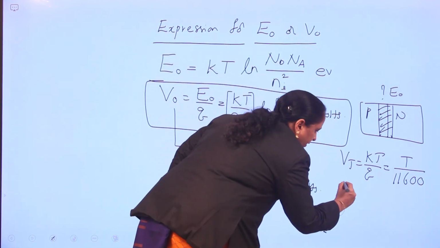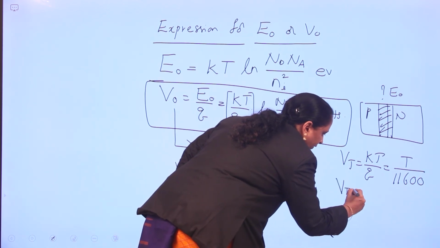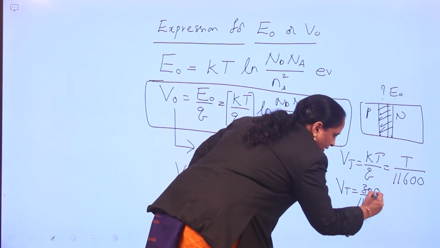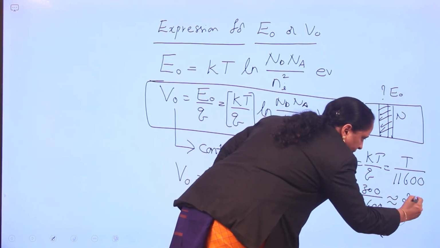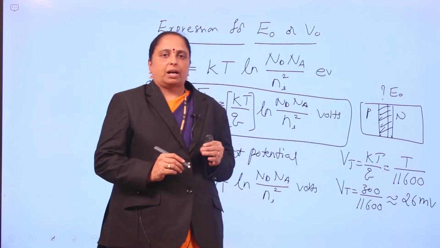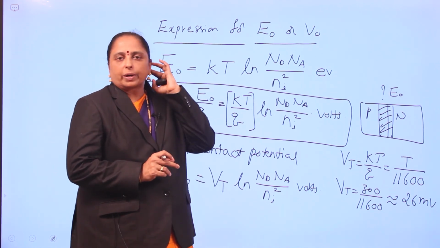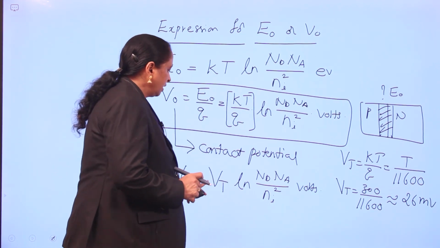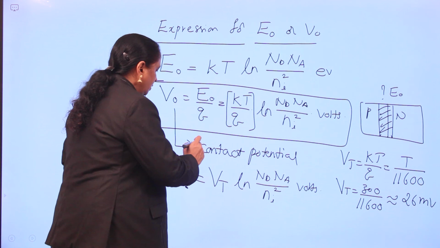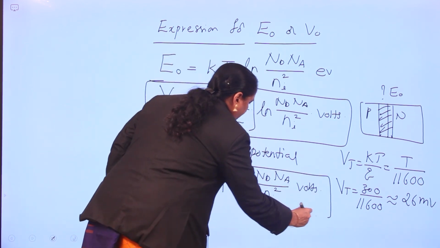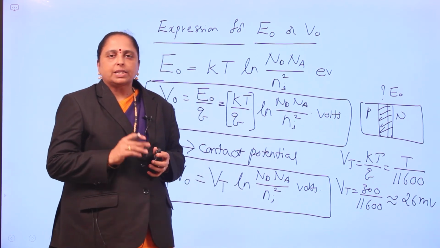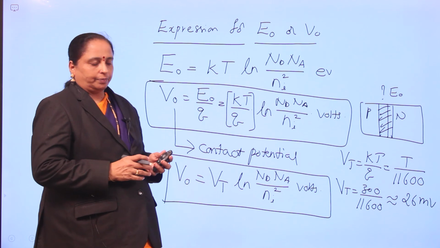Therefore, at room temperature, VT is equal to 300 by 11,600, which is approximately 26 millivolts, a very important parameter while considering semiconductor operation at room temperature. So this VT is known as the volt equivalent of temperature. This is the final expression of the barrier voltage of an open circuited PN junction diode.